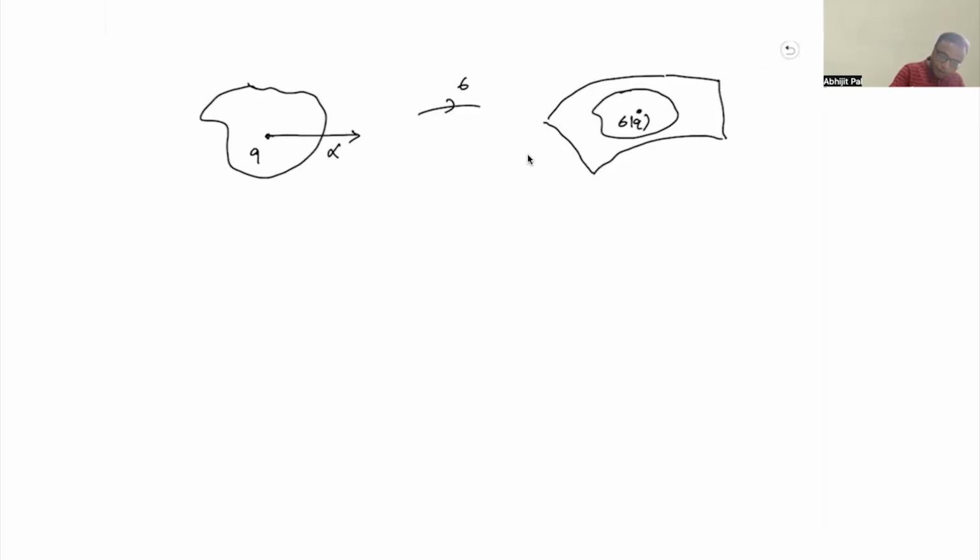So sigma of alpha will be something like this. This is sigma of alpha u. And similarly, I can define beta b to be equal to sigma(u naught, b).